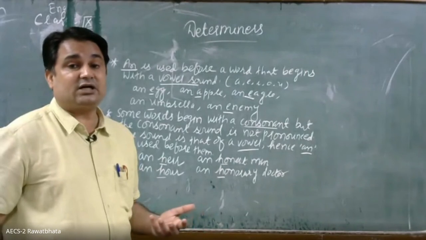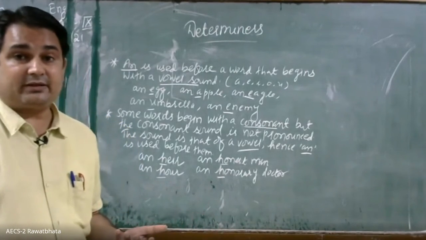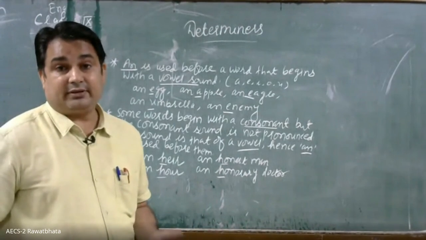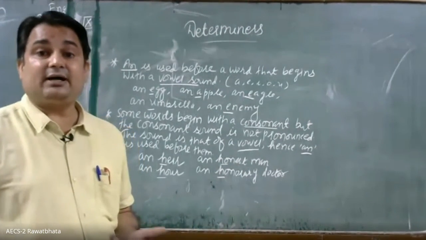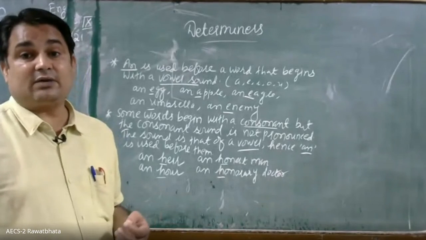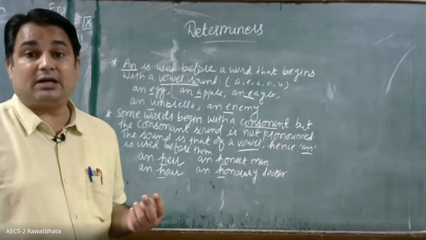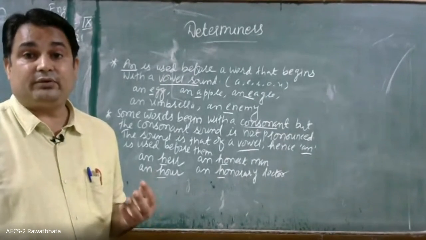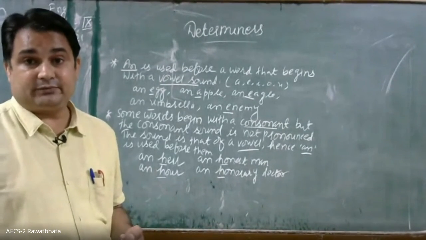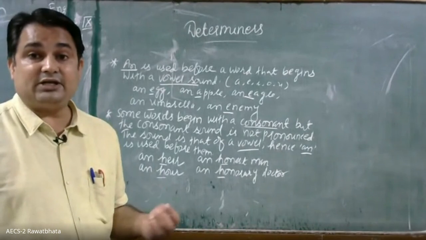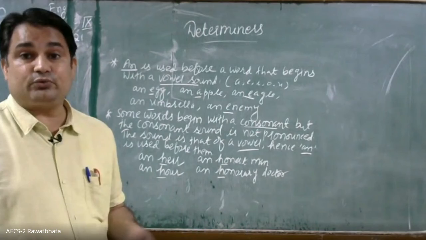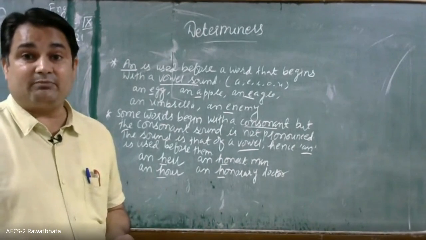Then we have discussed that the words which specify quantity and number are determiners. For example, many, much, few, a few, the few, little, a little, the little, one, two specify the number.